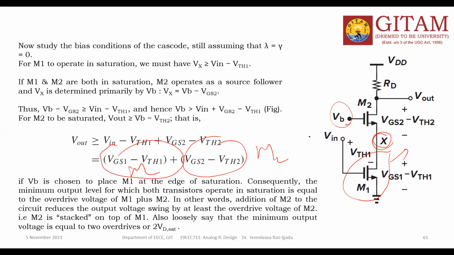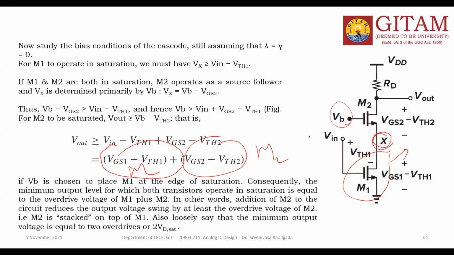Effective, overhead, overdrive and excess voltage are the same terms. Don't confuse the terms. M1 overdrive potential plus M2 overdrive potential is required to keep both transistors in saturation.